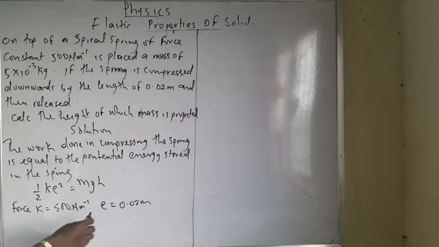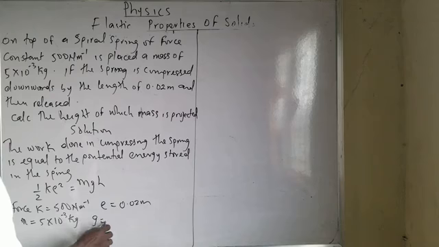Now I can answer. My mass will be equal to 5 multiplied by 10 to the power of minus 2. Also my gravity G will be 10 meter per second squared. We all know that.